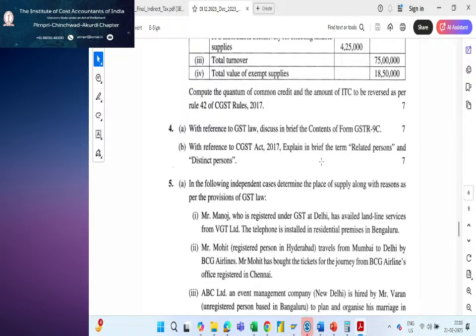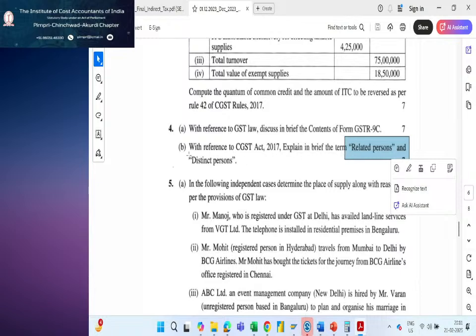One more thing I need to share: we have questions on the terms related persons and distinct persons. We may not expect that this type of question will come in our exams, but I am sharing because each and every thing is very important.